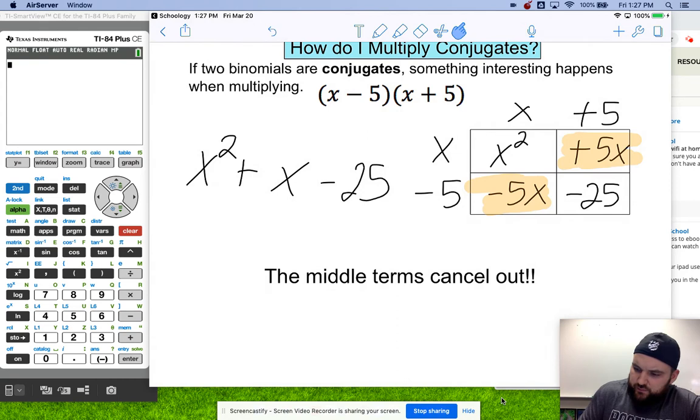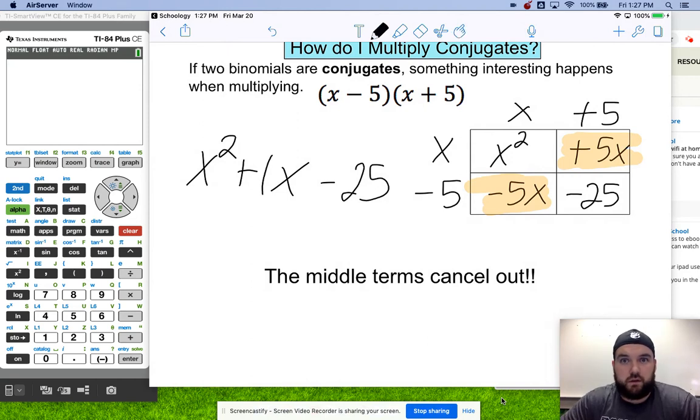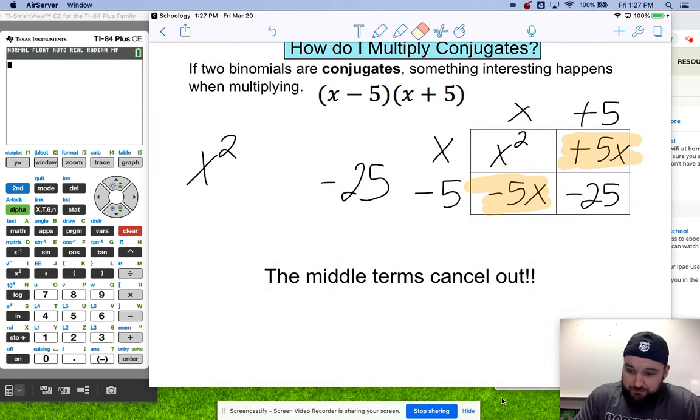Students see that 5 minus 5 is 0, so they think they should just not put a number in front of x. But remember, a variable by itself really means that there's one of that variable. If 5 minus 5 is 0, which it is, this is gone. That middle term is not even part of the solution anymore.